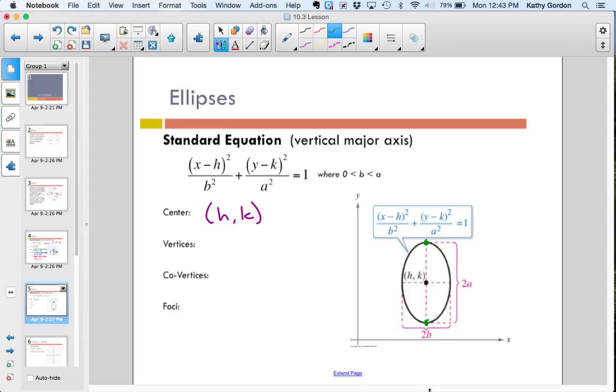So if that's the case, from HK, which one gets affected in order to get to that vertex point? K. So H and then K plus or minus the A value. So it's still about the distance from center to vertex being A units. It's just that that move vertically is going to affect my K value, not my H value this time.